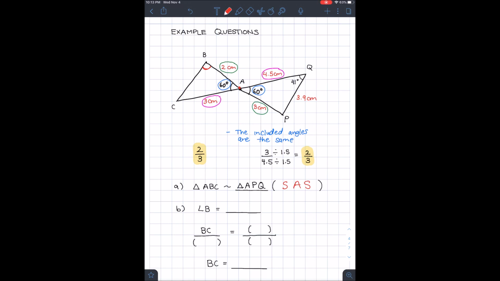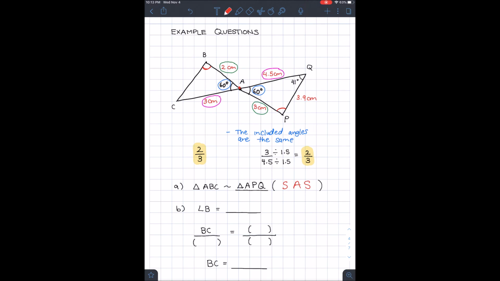Well, we're only given one angle in this triangle, but on the other triangle, we're given 2 angles. We're given 60 degrees and 41 degrees. We're also missing another angle in this triangle, but if you remember, it shouldn't be too hard to find this angle because we know that the angles inside a triangle always add up to 180 degrees.